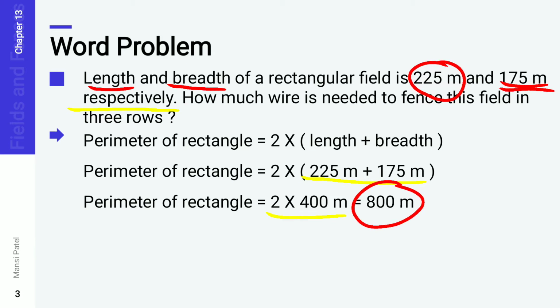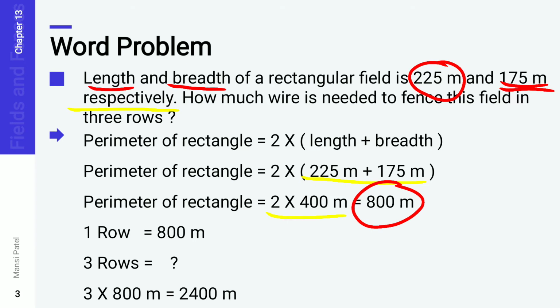How many rows we have to make? We have to make 3 rows. So again we are using the unitary method. 1 row is equal to 800 meter. So 3 rows is equal to question mark.